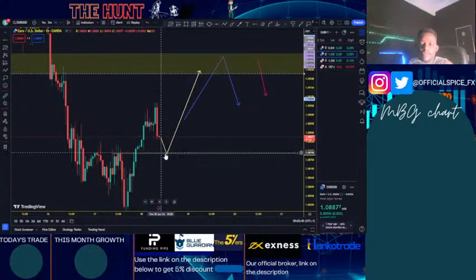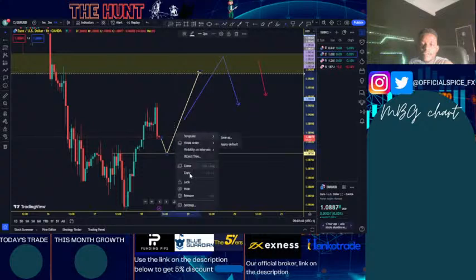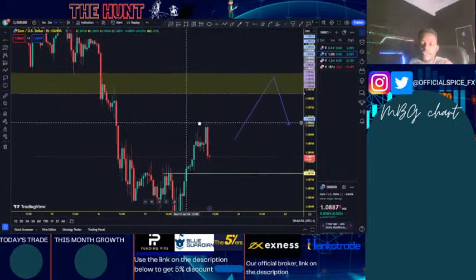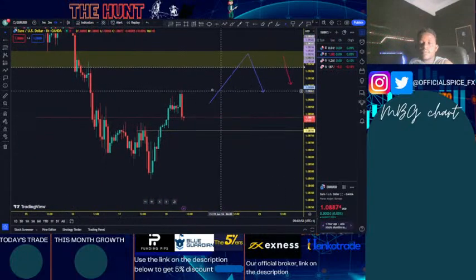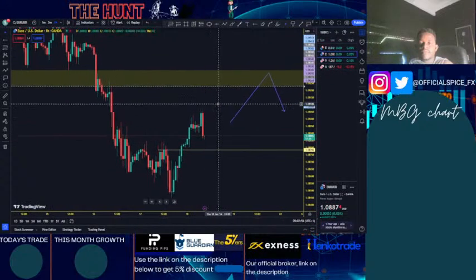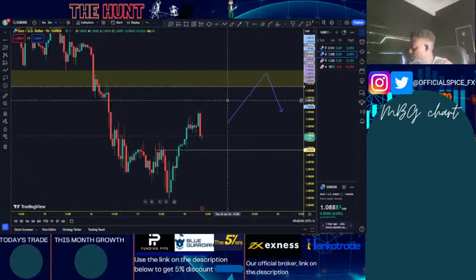But I'm not going to be getting in here. I don't think it's strong enough or sure enough for me to want to trade if price gets back to the upper side. It's just not strong enough. It's not convincing enough.